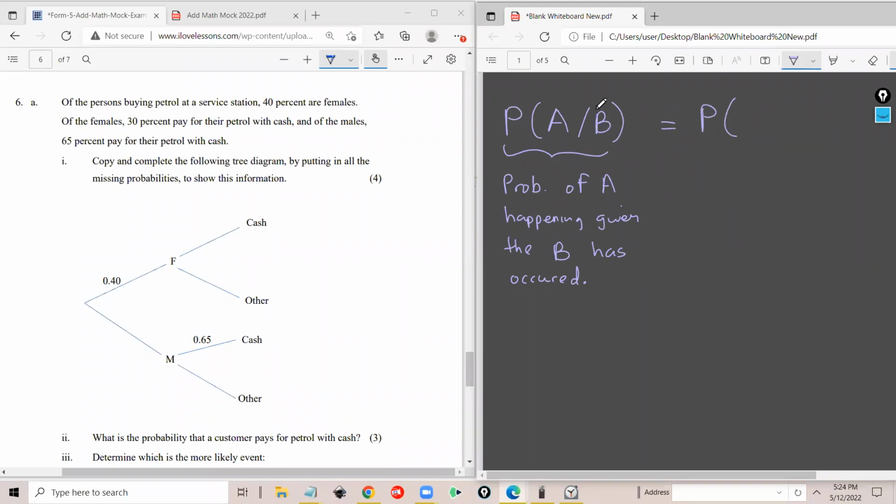If the two letters are A and B and you have the slash here, B, the one after the slash, is interpreted as given. It's the probability of A and B, better known as A intersect B, divided by the probability of B. The moral of the story is this: whoever comes after the slash is the one that goes underneath in the formula. So you're going to need this formula in order to do question 6. Right, so get started. Hope it helps.